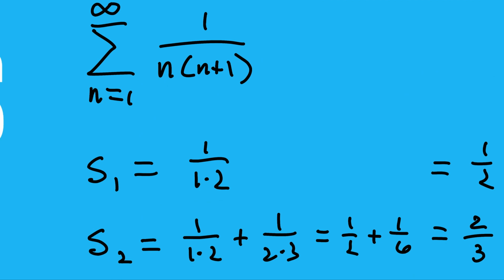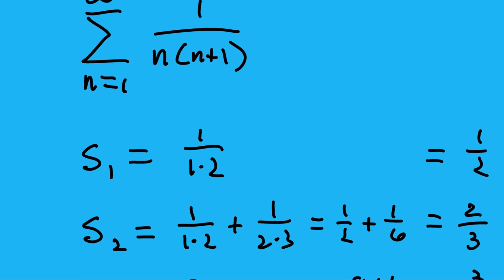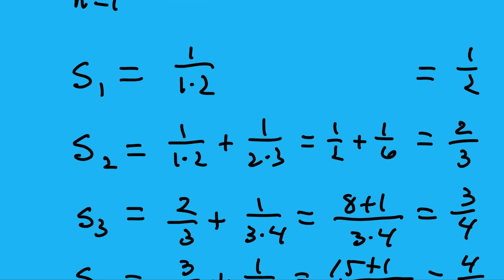Writing that out, combining these terms, we would get 3 plus 1 is 4. 4 over 6 is 2/3. For S3, let's add into S2, which is 2/3, the next term, the n equal 3 term, 1 over n times n plus 1.